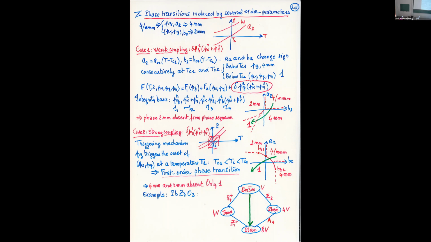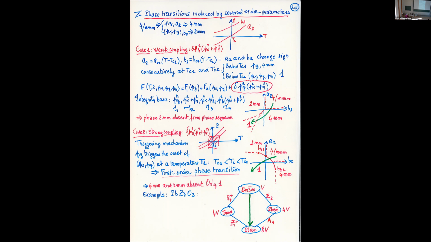The coupling between them is Pz squared multiplied by Px squared plus Py squared. Why is it so? Well, because they correspond to different irreducible representations. And as soon as you have different irreducible representations, you have a biquadratic coupling term. So here we have a biquadratic coupling term.